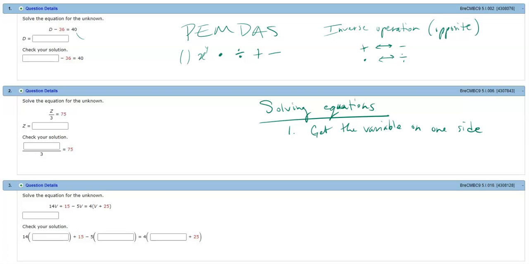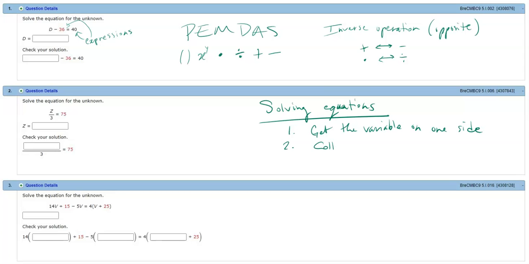I will just use that little vocab term. These are called expressions. When you set expressions equal to each other, you get an equation. And so we're hoping to get the variable onto one side of the equation, because you see in the case of number 3, we've got v's on both sides. And so we want to get them onto the same side.